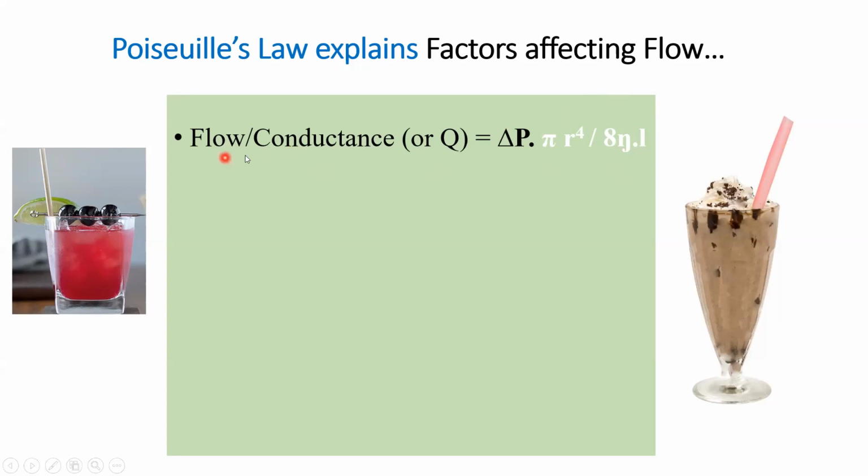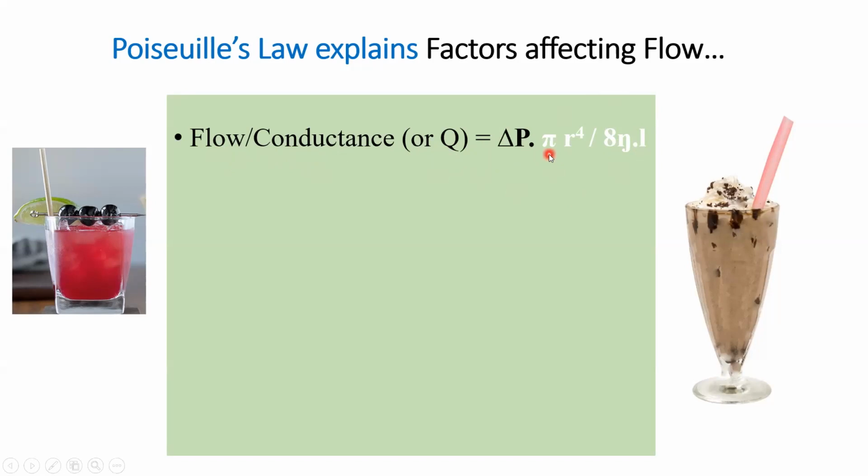We'll discuss this. So flow or conductance, basically in medicine, flow rate is denoted by Q. Don't ask me why. I don't know. Or probably related to some old Latin stuff. So conductance, flow, rate of flow is denoted by the alphabet Q. So Poiseuille says that flow of a fluid depends on delta P. You know what delta P is?